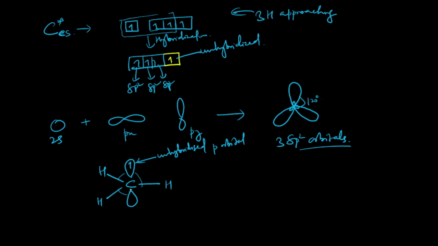Here also it will be at 90 degree. I'm talking about this unhybridized orbital with these hybrid orbitals sp2, sp2, sp2, but in between these are 120 degree, 120 degree, 120 degree. Got it? But between the unhybridized p orbital and the hybridized orbitals, it will always be 90 degree. It means it will be above the plane and below the plane.